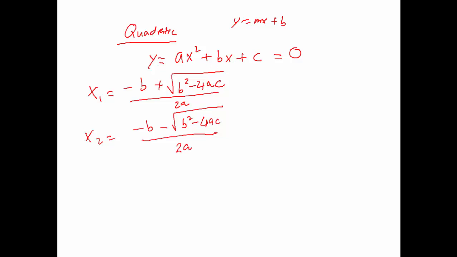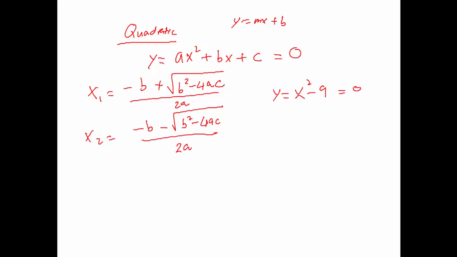So for example, if I want to solve something like y equal x squared minus 9, and I want to solve this equation equal to 0, how do I solve for this? The first thing you have to do is identify the coefficients a, b, c, because we need that to plug into the formula here.